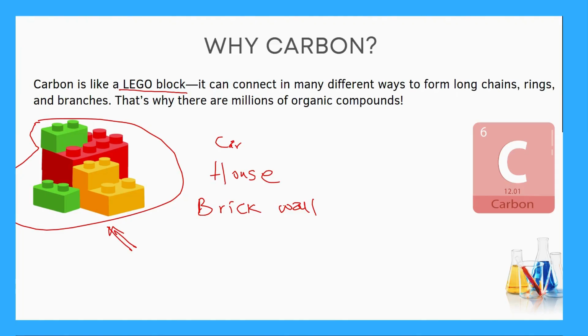Applying that to carbon, carbon can also be used to connect in many different ways to form different compounds. Compounds that have long chains, compounds that have ring structures, compounds that have branches. And that is one major reason why we have millions of organic compounds scattered all across the world.